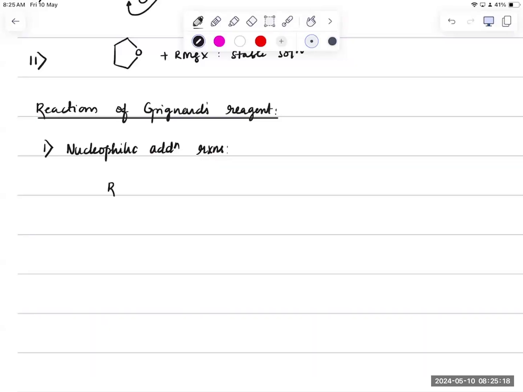So that is, if you take RMgX plus HC double bond O and H, then you'll notice that R minus will attack on this carbon here, and we will get this as RCH2O minus, because as soon as it attacks, this bond will move on to oxygen, O minus and MgX plus. This is what has been formed.